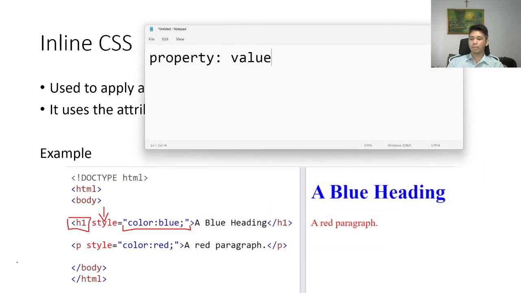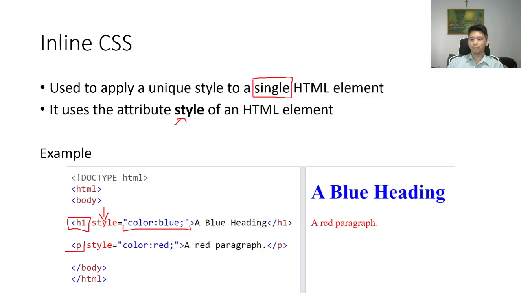If you are going to look at the second one, we have the paragraph here. And then again, the attribute style, and then we have the value. The value is the property, colon, and then the value of the property.